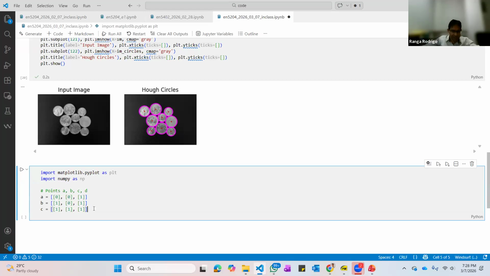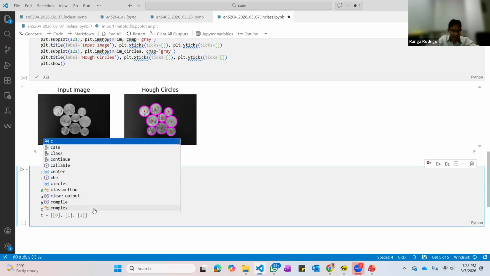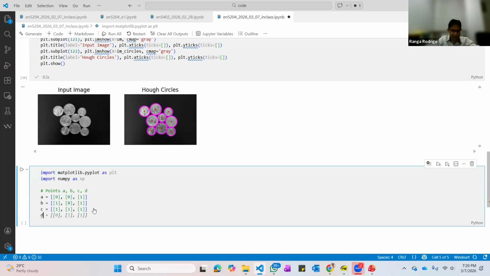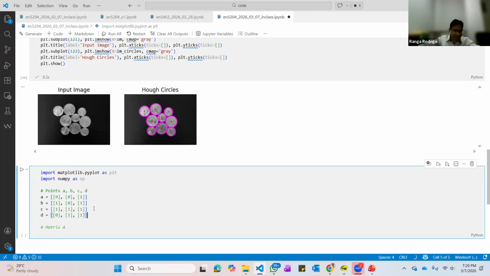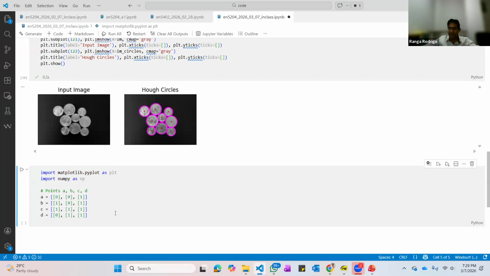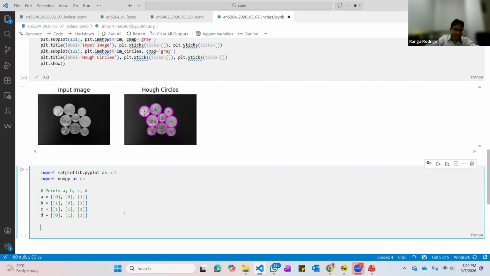And then finally D, the last point, where only the y coordinate is 1. Then we can show all the points as a matrix, X equals, we can horizontally stack them.